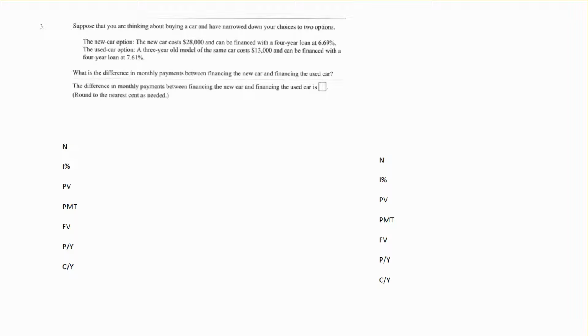Used car, it's a 3-year-old model of the same car. It costs $13,000, and can be financed for a 4-year loan at 7.61%. What is the difference in the monthly payments? Okay, let's see. All right, this will be our new car, and this will be our used car. And you can always stop this video and take a moment to write these items down.